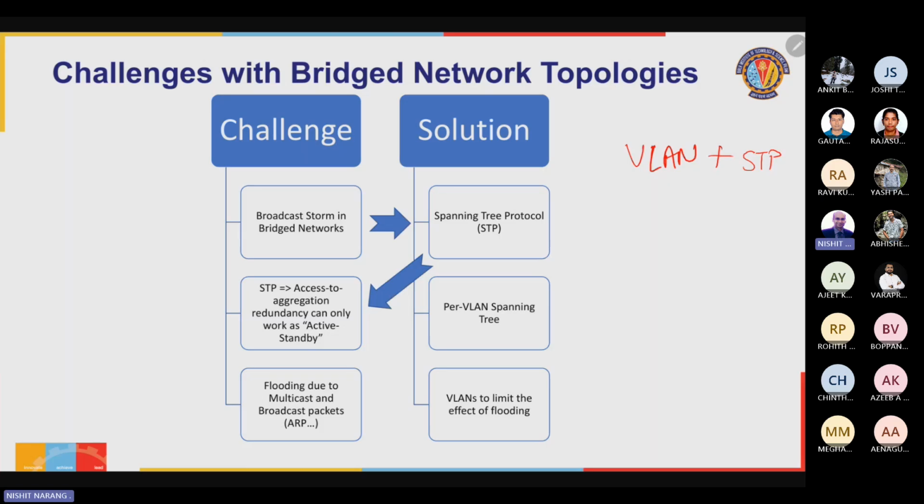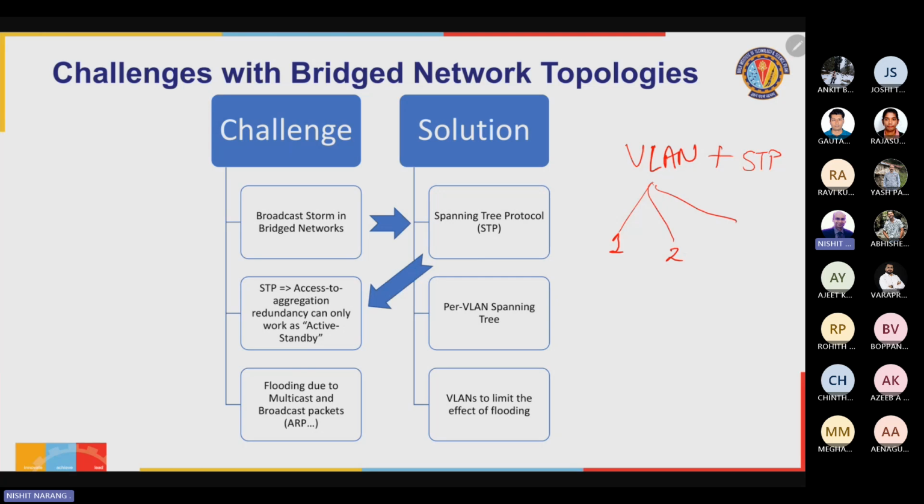So what I can do is first split my layer 2 network into multiple VLANs. And then I can say that VLAN 1 uses one spanning tree protocol.